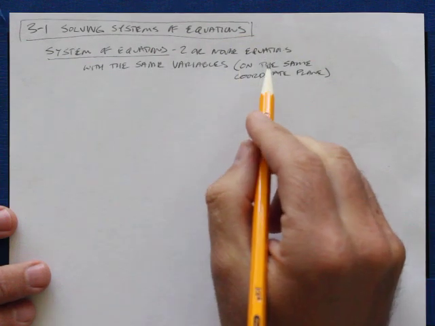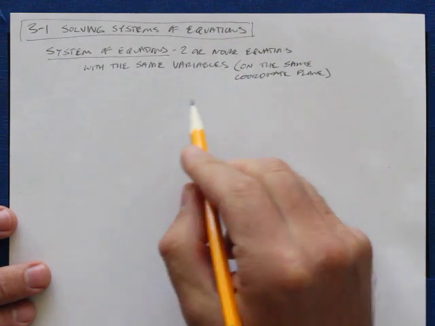So, two or more equations with the same variables on the same coordinate plane.